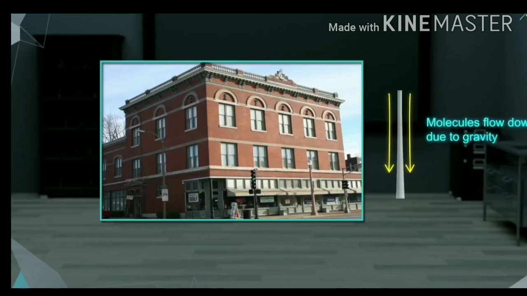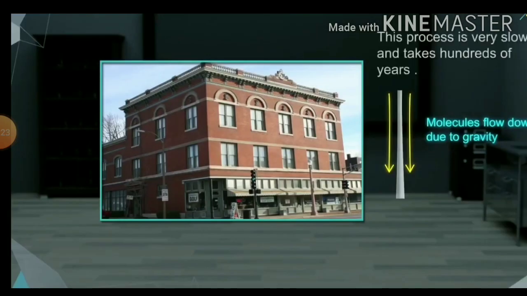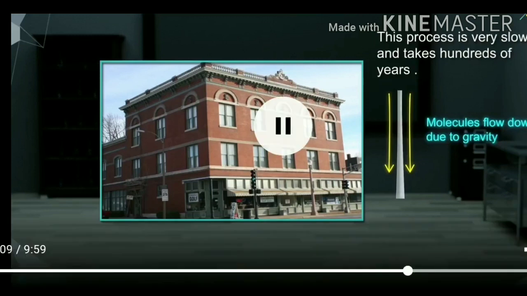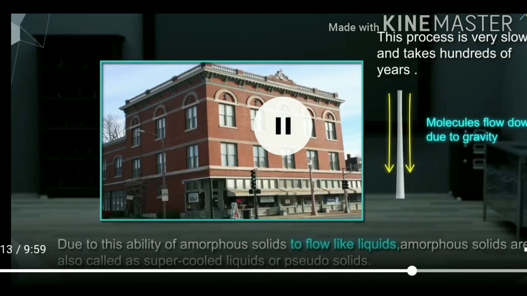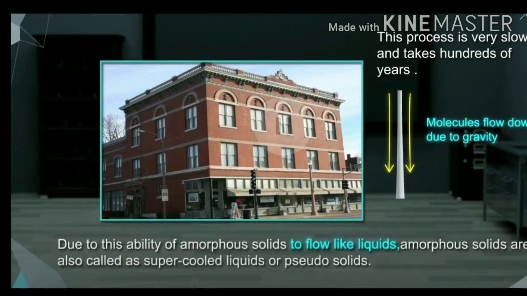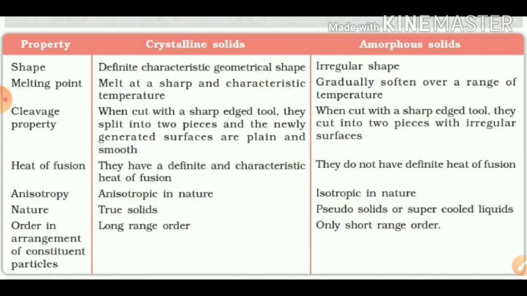We all know that a solid should not show fluidity, but here glass is showing fluidity. That means glass is flowing. That's why it is known as a pseudo solid. I think it became clear to you. Is it clear? Now let's move to the next topic.